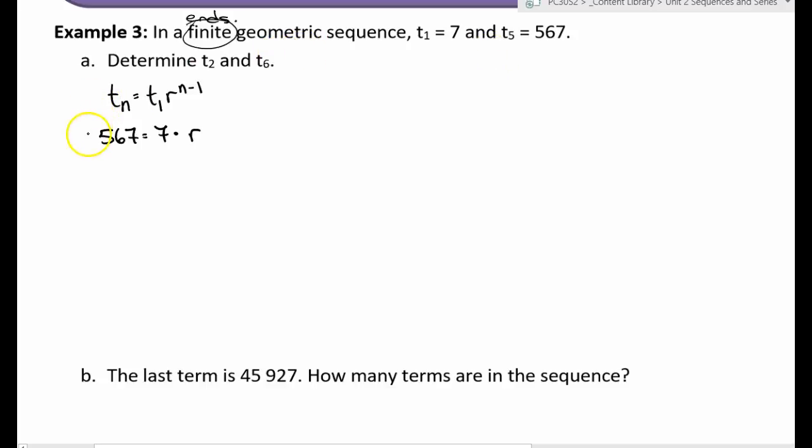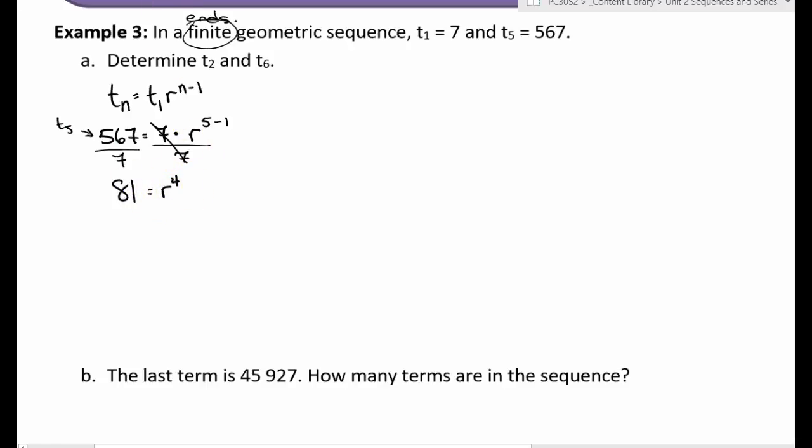Because remember that this is term 5, minus 1. So we're going to divide by 7 in order to appease my order of operations. I'm left with r to the power of 4 is going to be, and that's 81.